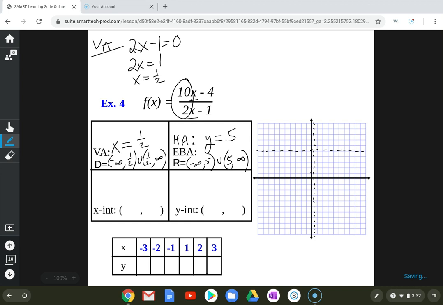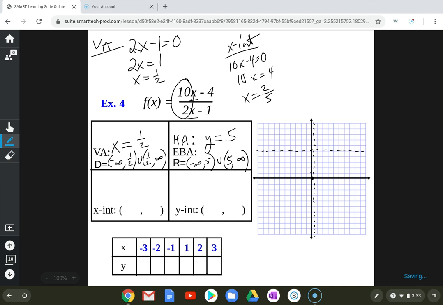All right, let's find our intercepts. So our x-intercept, set the top equal to 0, 10x equals 4, x equals 4/10 or 2/5. So we are intersecting the x-axis right here, between 0 and a half. It's just hard to draw in between 0 and a half.